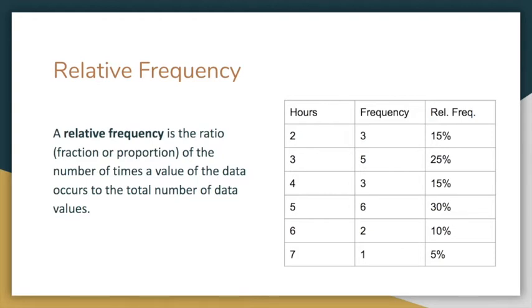The 3 responses that we got that were 2 hours represent 15% of the data. The 5 responses we got that were 3 hours represent 25% of the data, and so on and so forth. So these are relative frequencies. And like I said, you can do percents like I did, or you could do fractions, or you could just write decimal values, be 0.15 and 0.25 and etc.